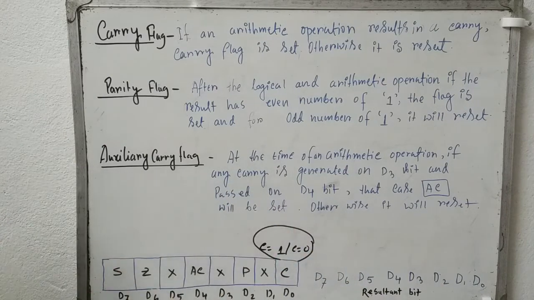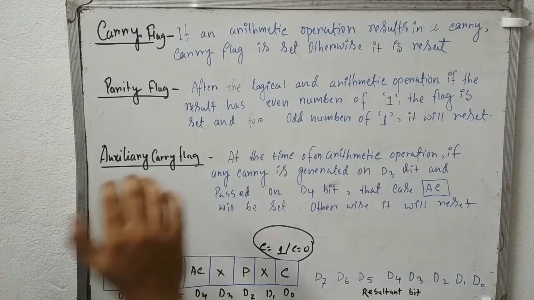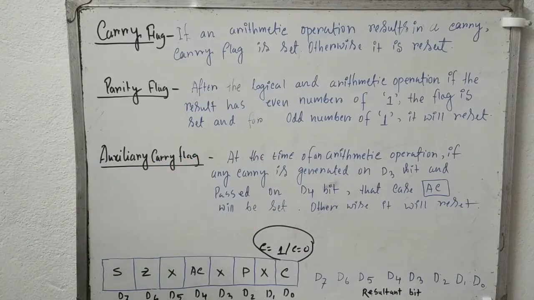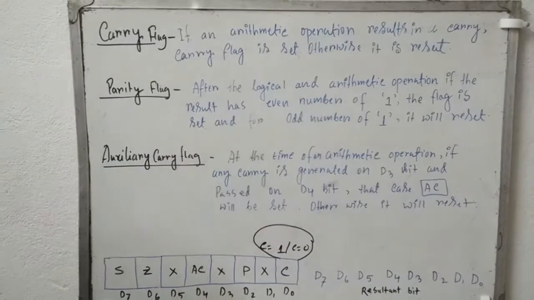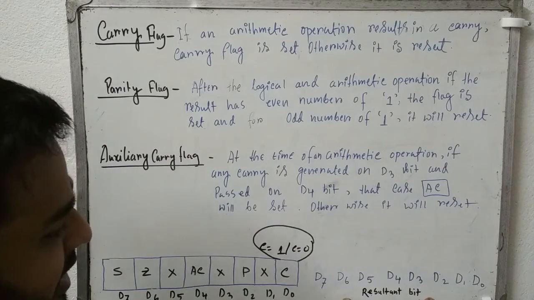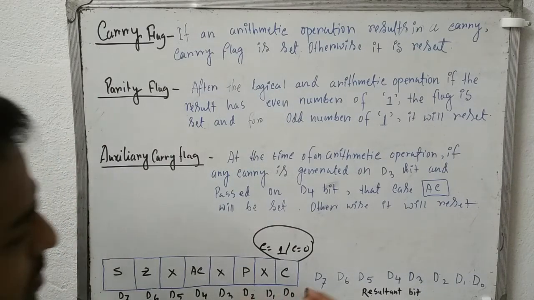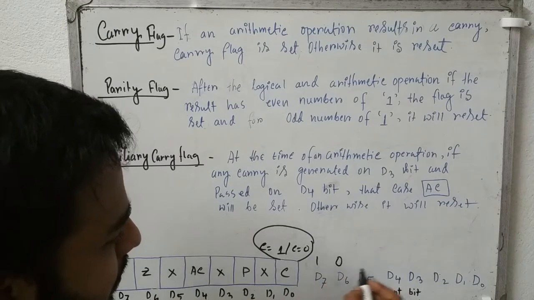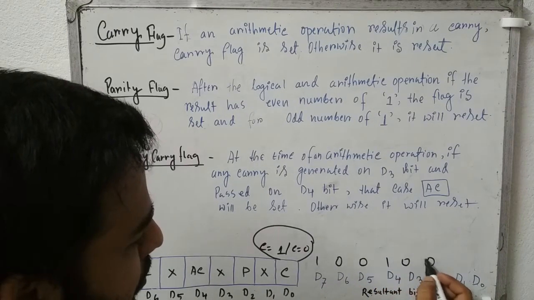Our next flag is the parity flag. What is the parity flag? After a logical or arithmetic operation, if the result has an even number of 1s, the flag is set. For an odd number of 1s, it will be reset. What does it mean? Suppose after performing an arithmetic or logical operation we have got an 8 bit number, let's assume 10010011.